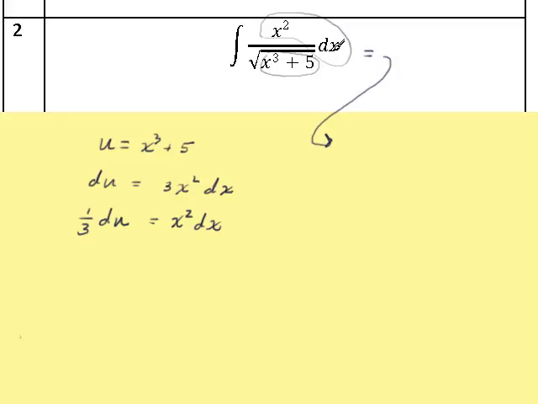For x squared dx, we're going to put 1/3 du, and I'll just right away put the 1/3 on the outside. That took care of our x squared dx. And now for x cubed plus 5, we're going to substitute u, so we have 1 over square root of u. Now we'd like to integrate this, and first we want to use the power rule, so let's rewrite this as u to the minus 1/2.